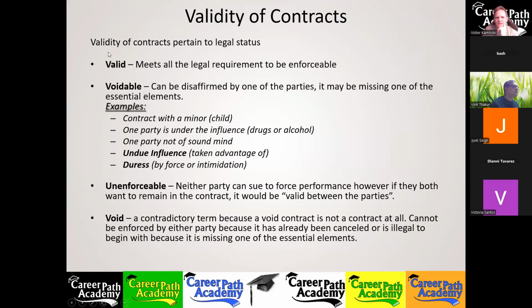Validity of contracts pertains to the legal status of them. A valid contract meets all the legal requirements to be enforceable. It has the four essential elements. Here, we'll even add that in there.